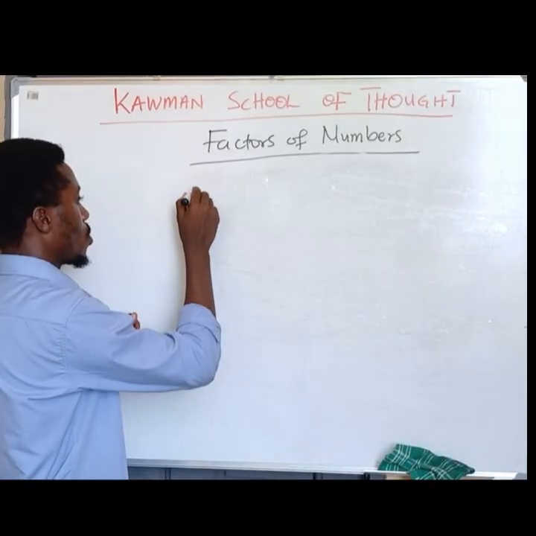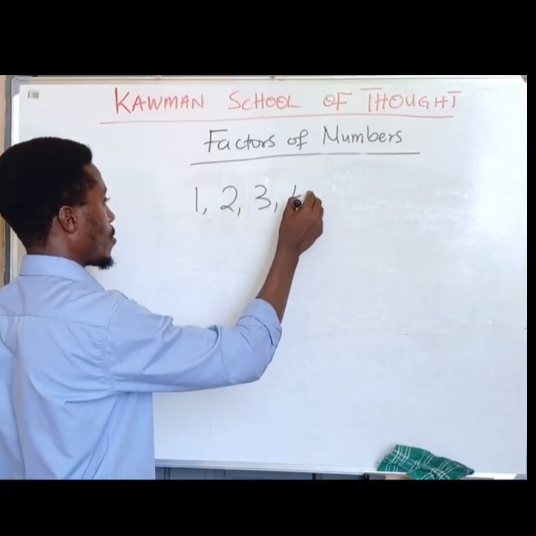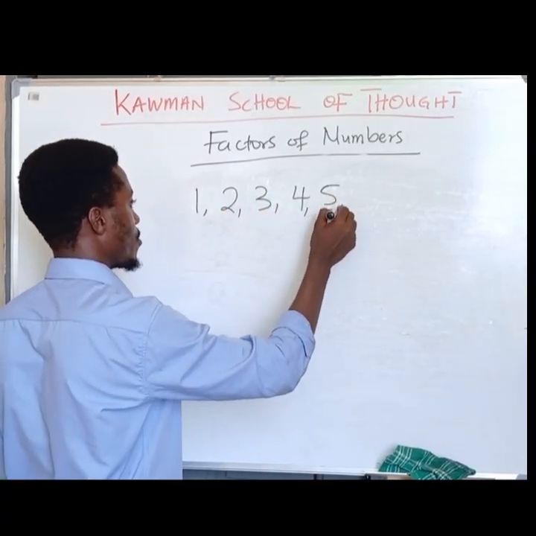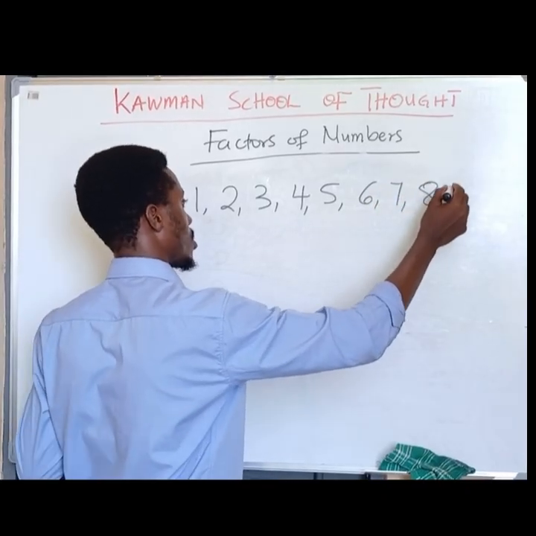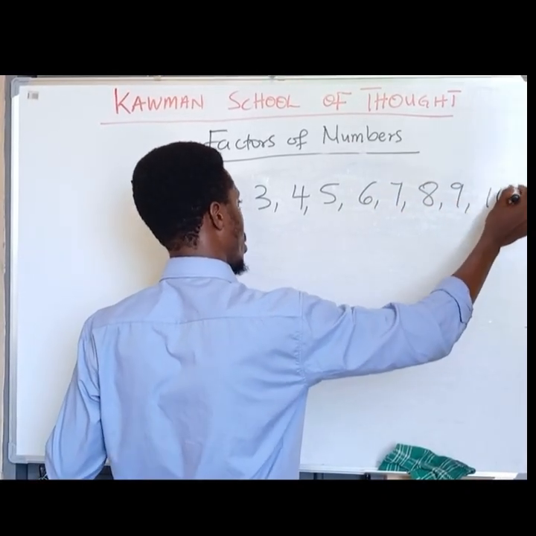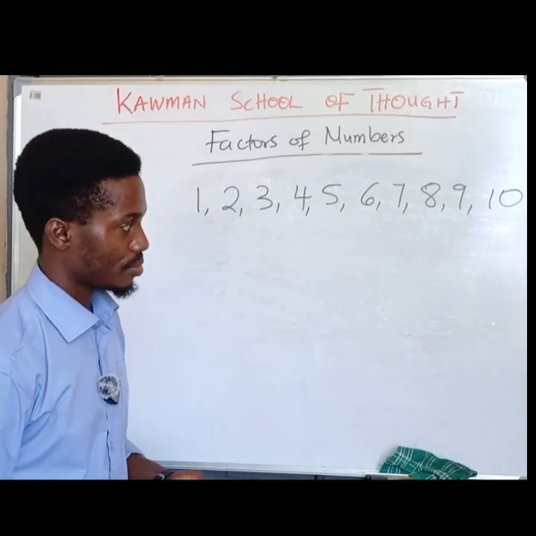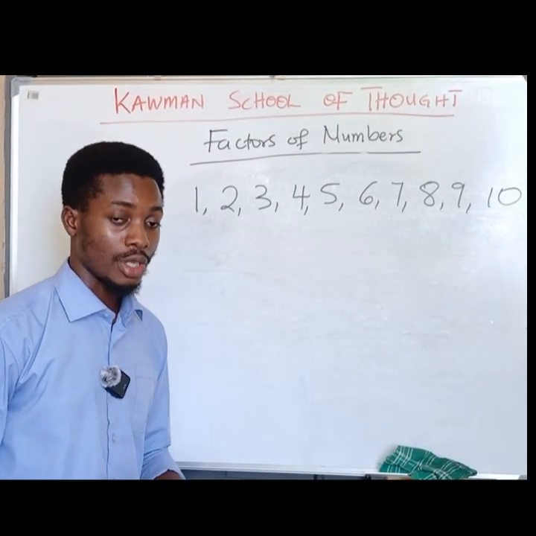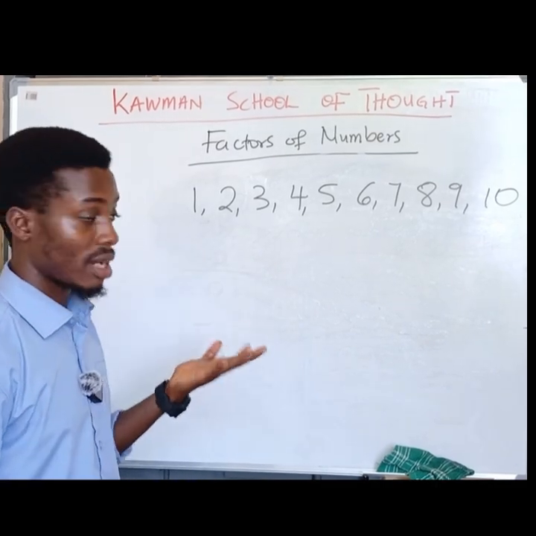So 1, 2, 3, 4, 5, 6, 7, 8, 9 and 10. Now, I will use this opportunity to explain the number systems we have, as in the type of numbers we have.